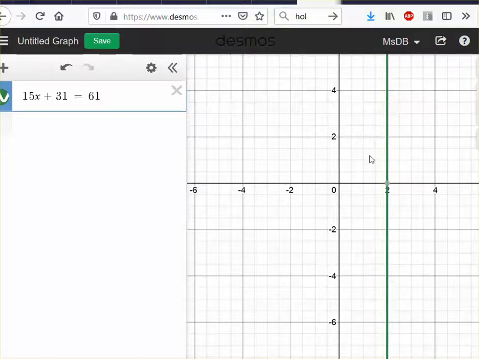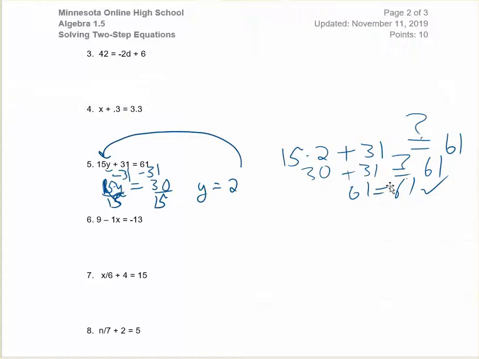And then what we want to do is check where does it go through the x-axis, because if the variable is equal to this number, then we got the right answer. So we got that it's going through at 2, and we got an answer of 2. So that's another way to check, is to use technology.